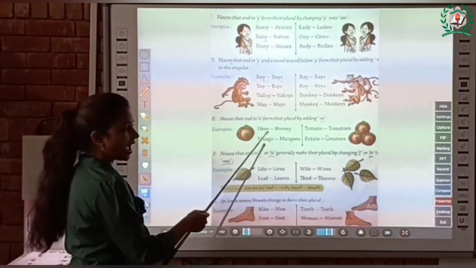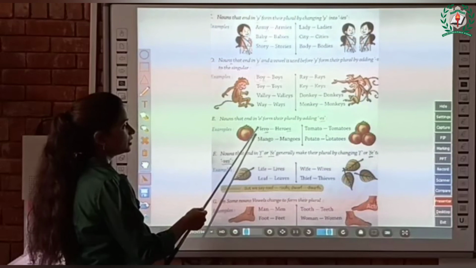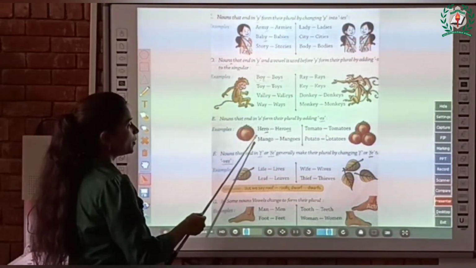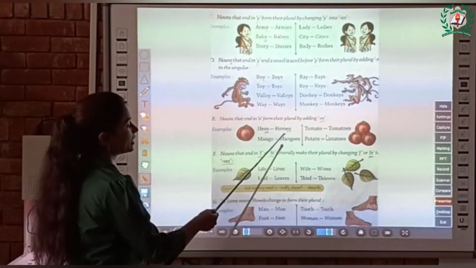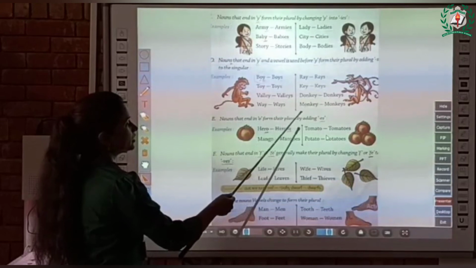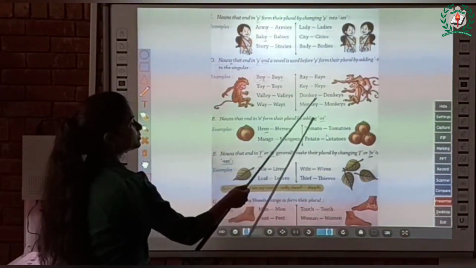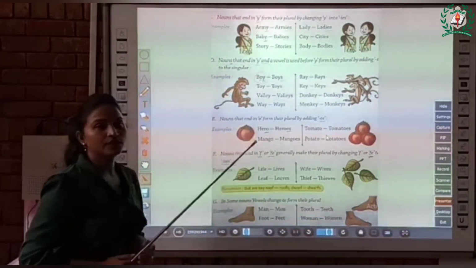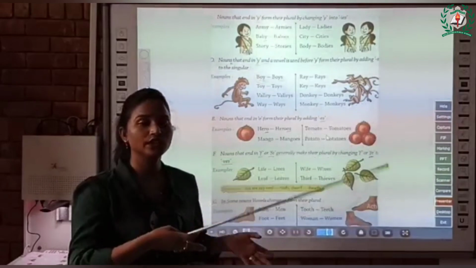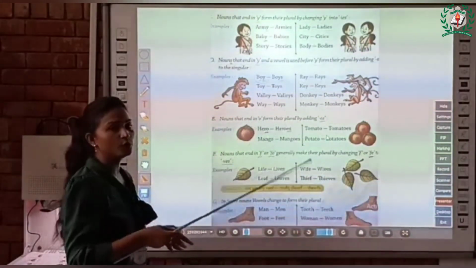So we add ES after O. Now hero becomes heroes. Like this, mango becomes mangoes by adding ES after the vowel O. And tomato becomes tomatoes. Potato becomes potatoes. So children, by adding the letters ES to the end of the noun, we form plurals.